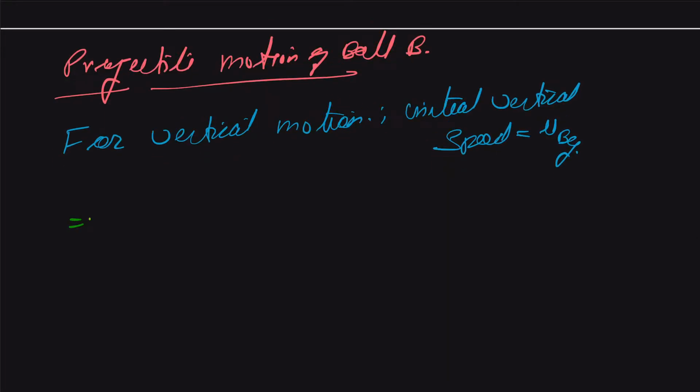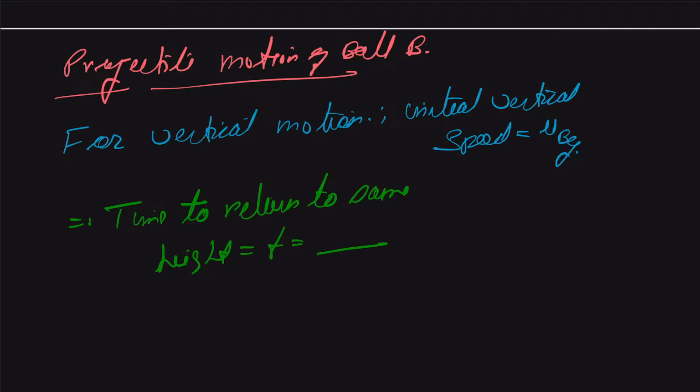Therefore we can write the time to return to the same height will be equal to t, and that will be equal to 2u_y divided by g.